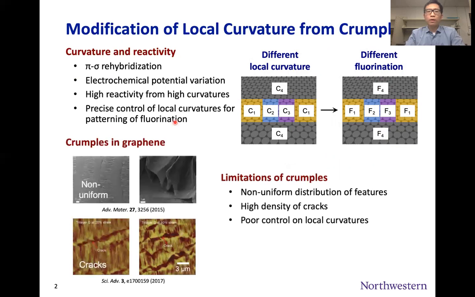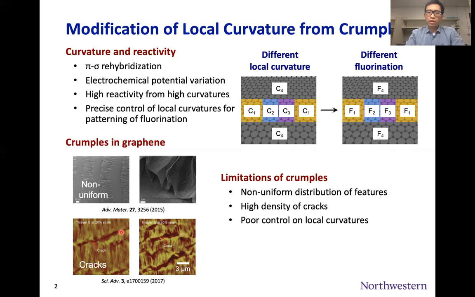However, this is very challenging because previously, to introduce local curvatures in the graphene, we had to use crumples. Crumples form because of the weak adhesion between the graphene and the substrate surface. When we form the crumple structures, we always form delaminated features. These features make the crumples non-uniform at large scales and form a high density of cracks. All of these features are not good for electronic applications.